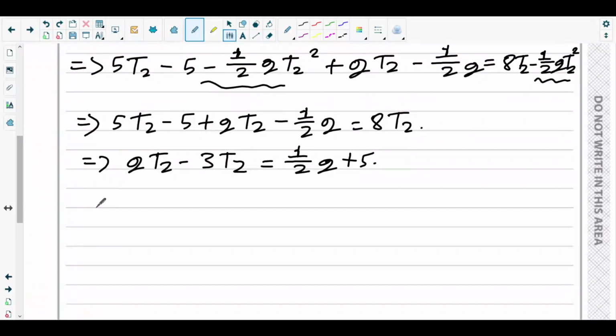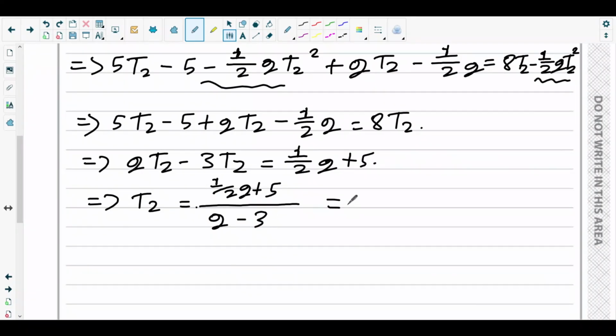Now make t2 the subject. So t2 equals (half of g plus 5) divided by (g minus 3). Let's find out the value. Half of 9.8 plus 5 over 9.8 minus 3.